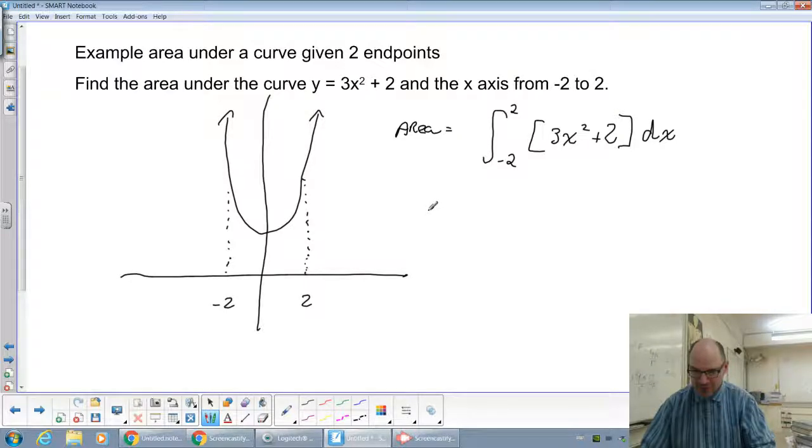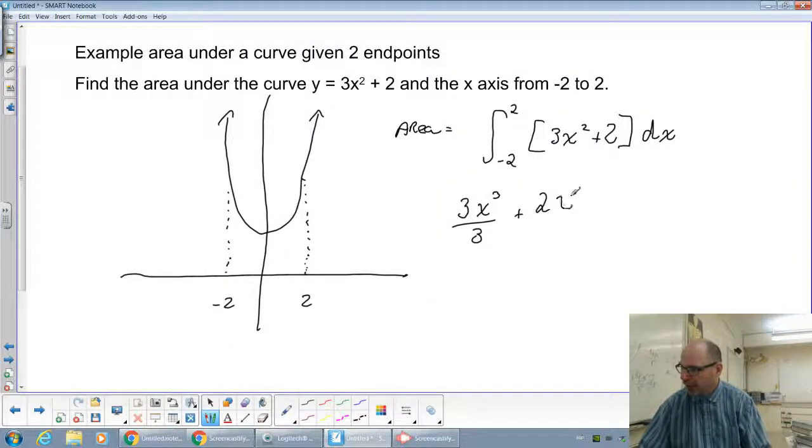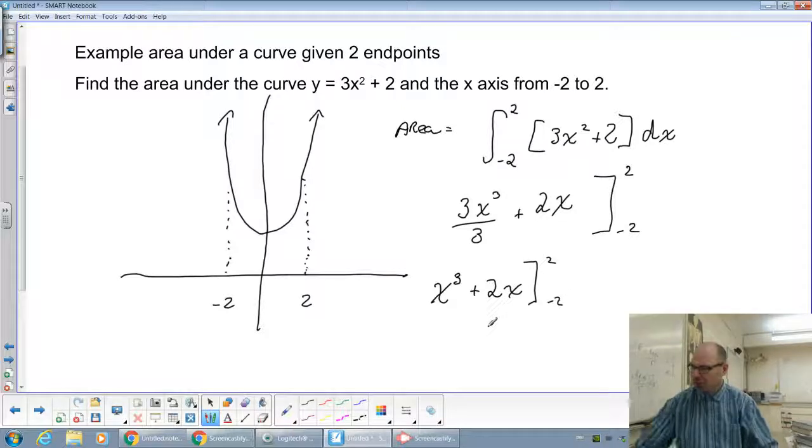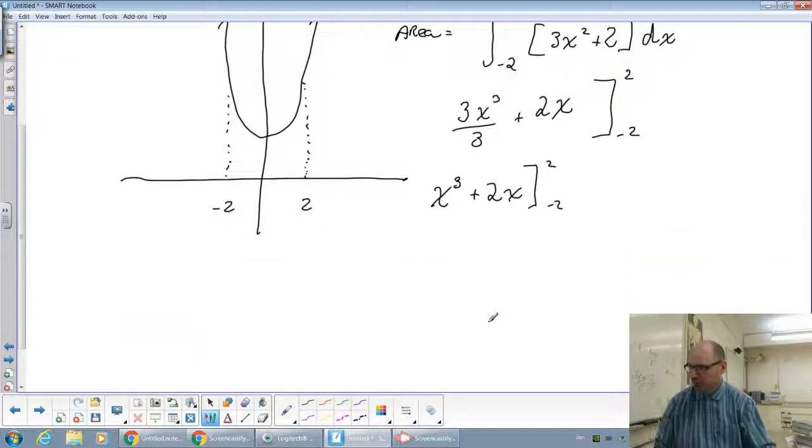So if you integrate this, you're going to get 3x cubed divided by 3 plus 2x divided by 1 plus c. The C's will cancel out. We'll go from 2 to -2. Okay, that's going to cancel down to x cubed plus 2x. So we just plug in our values, 2 and -2, to get this area in here.